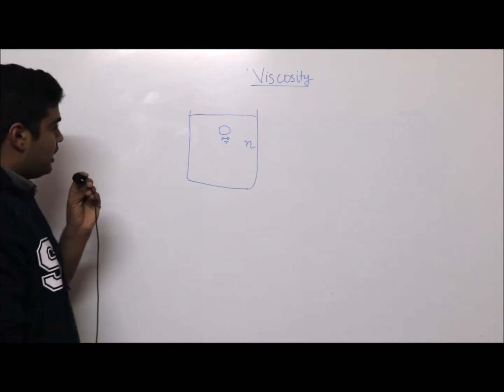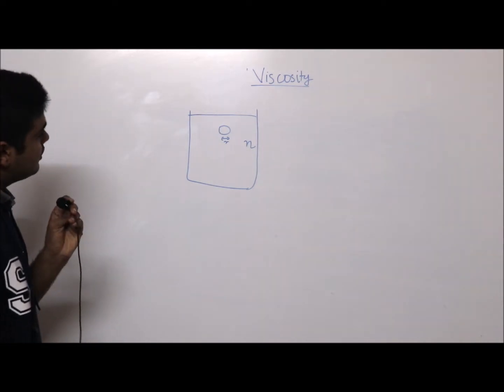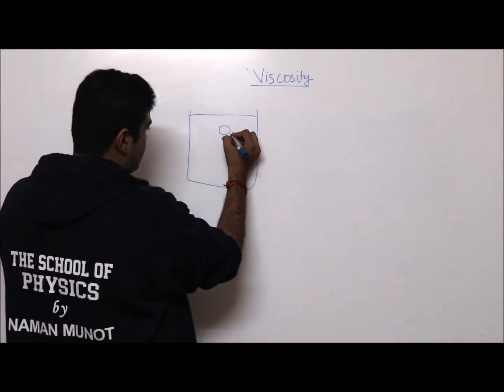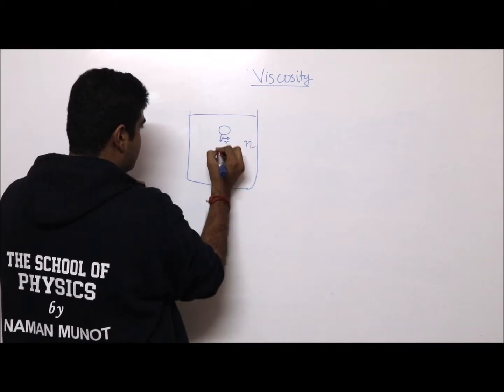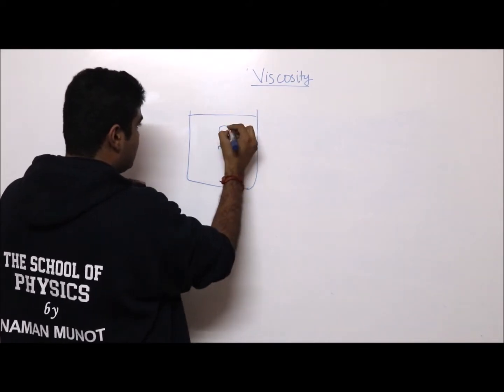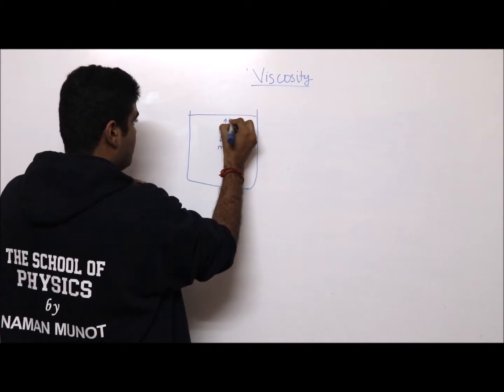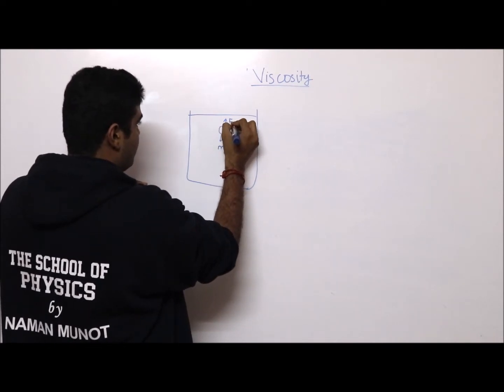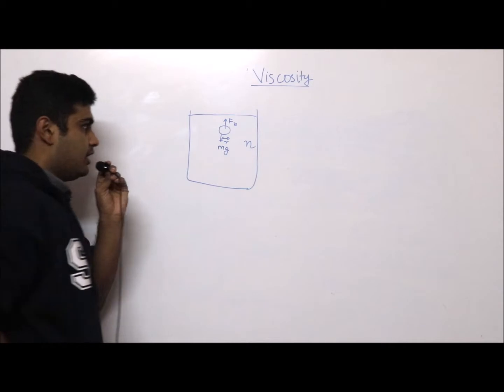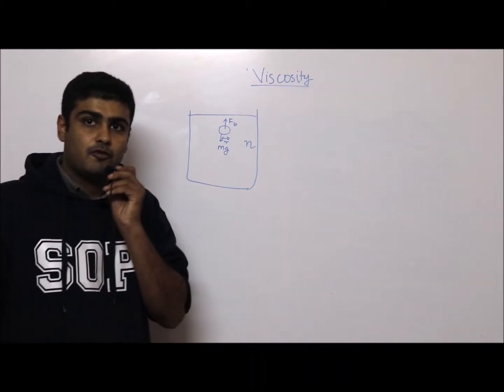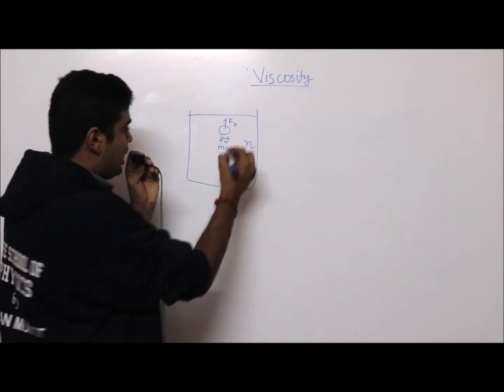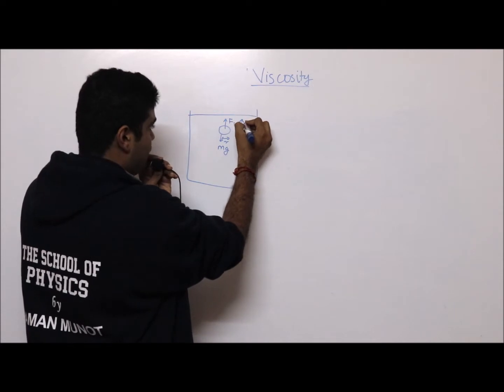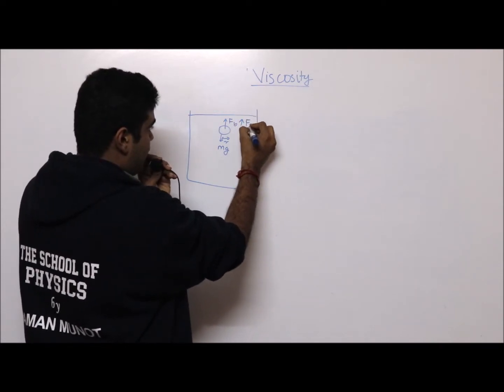Now suppose the ball is falling down. There is the force mg going down, then the force of buoyancy that we have studied, and there's another force, the force of drag.